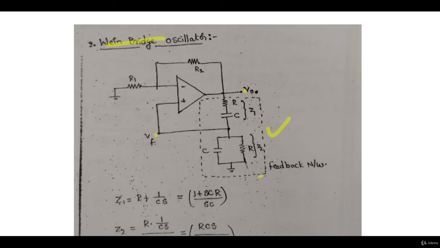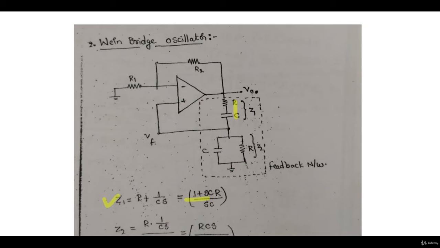Z1 you can directly see is a series combination of R and C. One more thing, the values of R and C are the same here. We will see if they are different, then what will be the effect. Here the value of Z1 is R plus 1 by Cs, the sum of the series of these two elements.